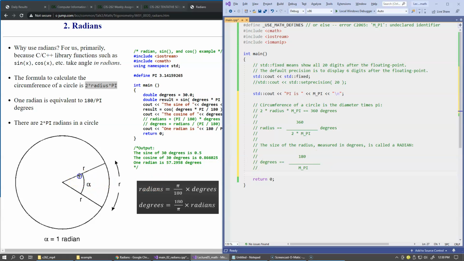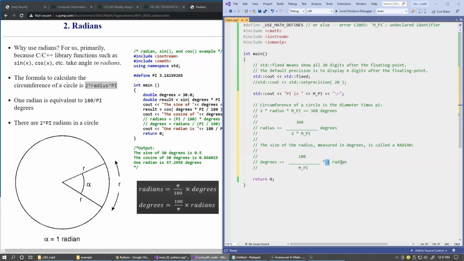So this angle right here is the angle of 1 radian, and it can be computed as 180 divided by pi. And so on the left side we have the degrees, but on the right side we would like to call it a radian. So this is like to add the corresponding unit of measurement here, that this is basically 1 radian.